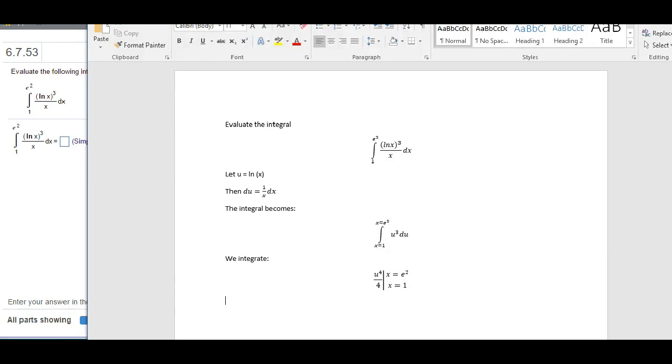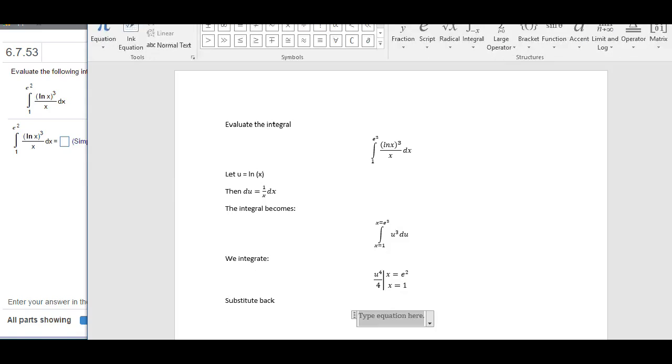Now we substitute back in. So now the u is going to become ln of x.